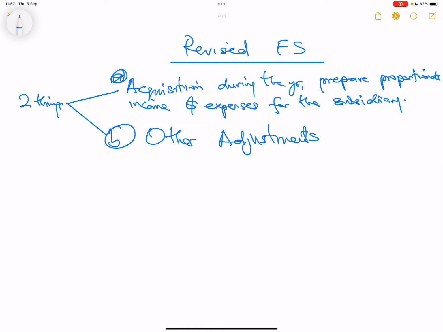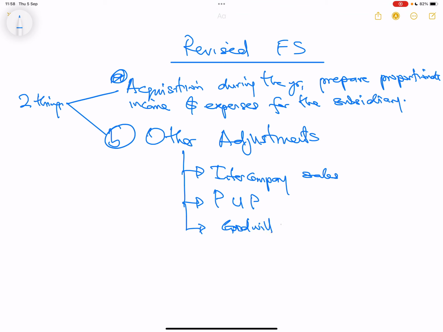So you need to make adjustments for things like intercompany sales, provision of unrealized profit, goodwill impairment, and fair value adjustment on depreciable assets.